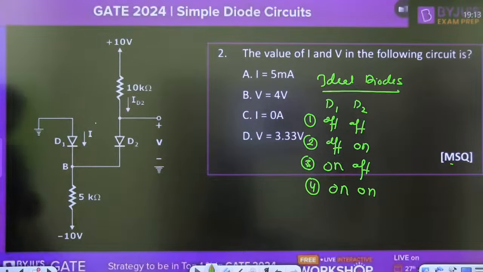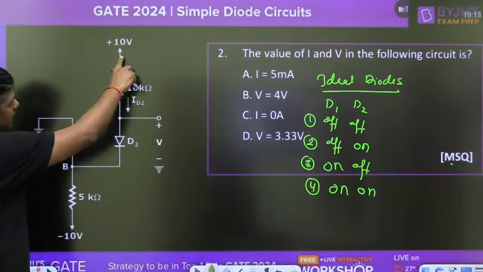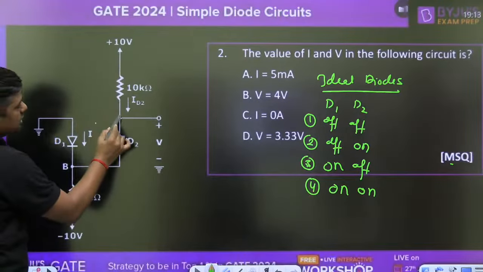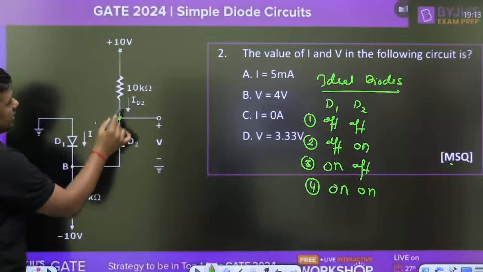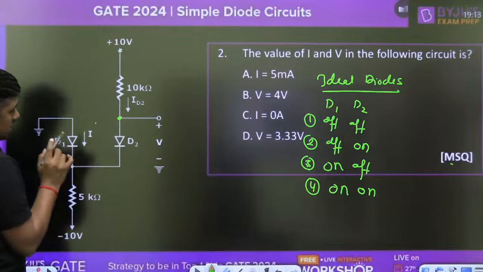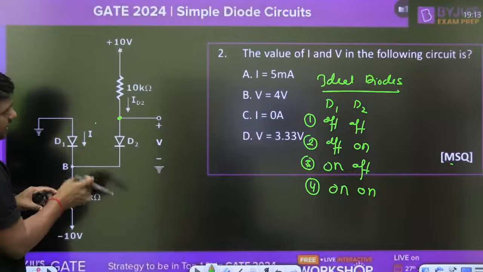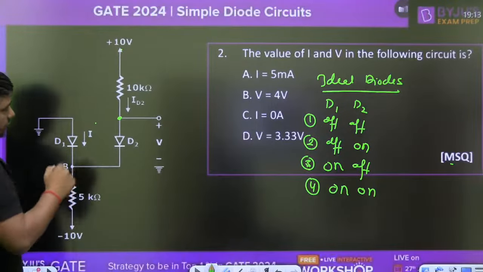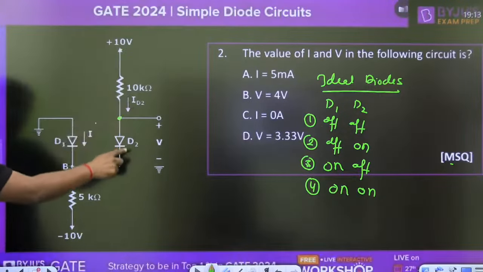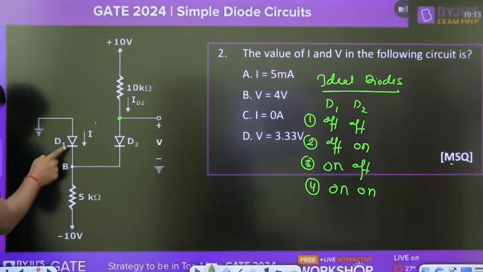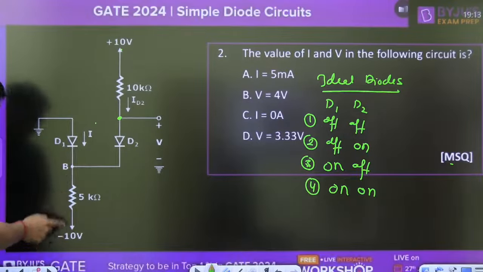Now try to understand. This particular diode is forward biased by the 10 volt. Here we are having the 10 volt and that diode is forward biased. Then what about this diode? On the negative terminal we are having minus 10 volt.